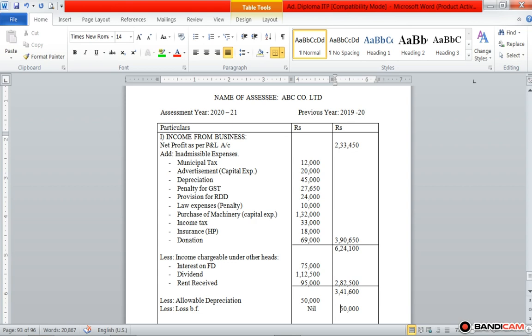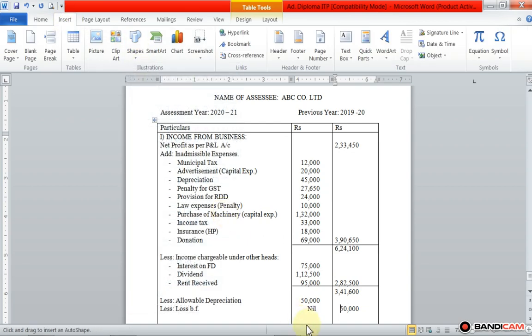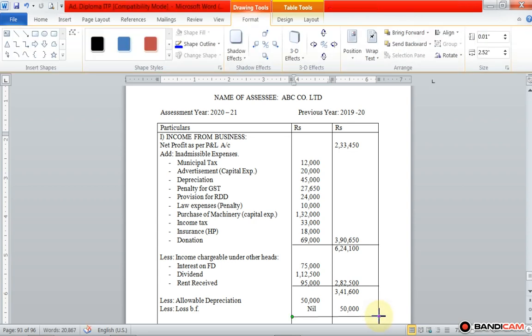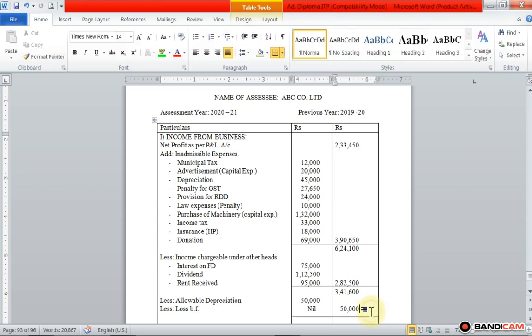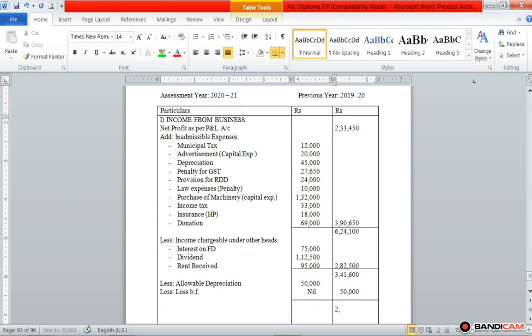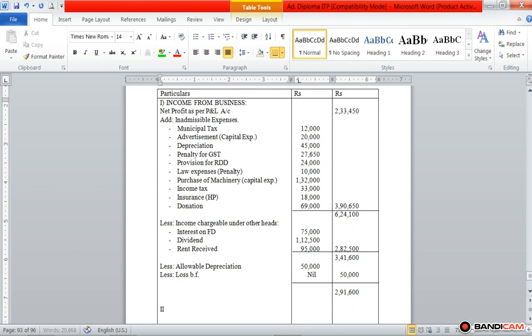We get 2,91,600. Okay, then we compute income, second part, income from house property.